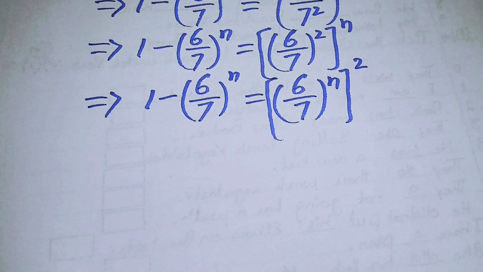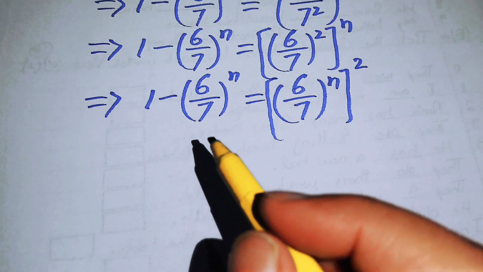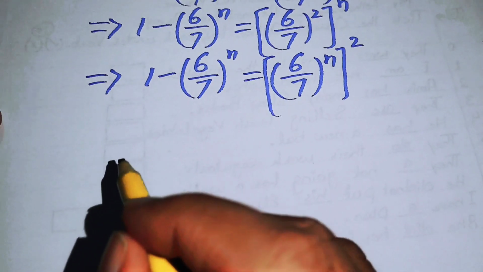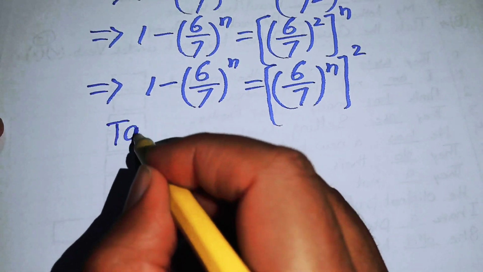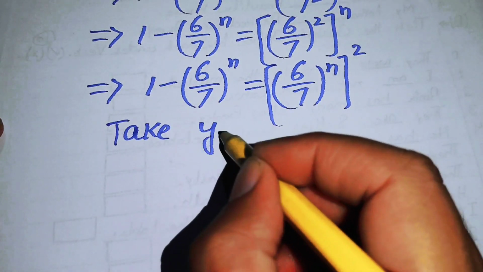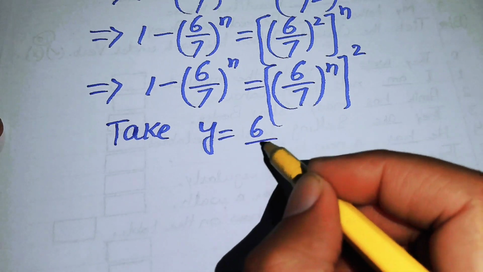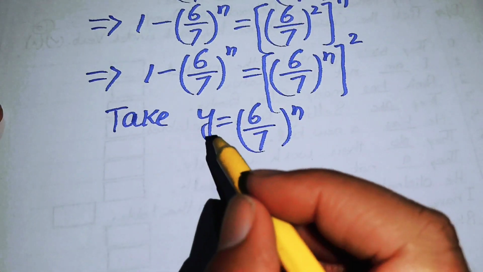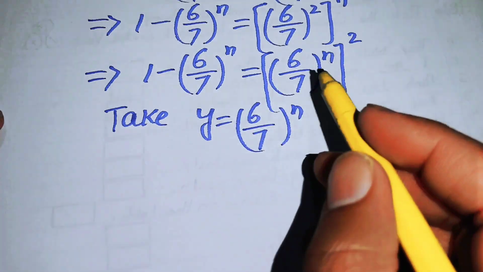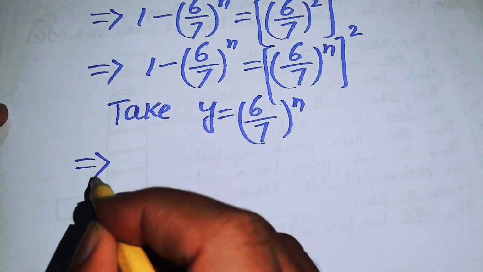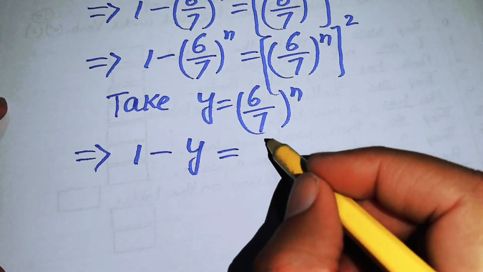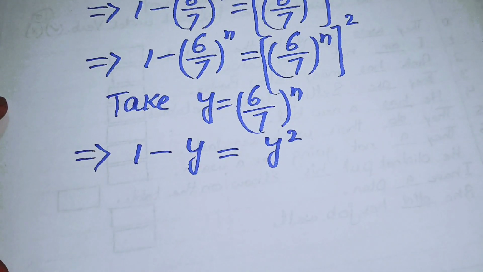Now in the next step we will convert this exponential equation into the quadratic form, so that I can just take y equals (6 over 7) whole power n. When you put this term equals y, then the whole equation becomes 1 minus y equals y squared.